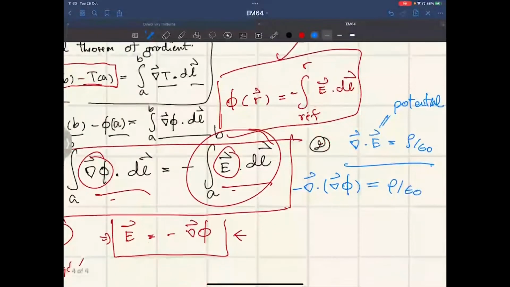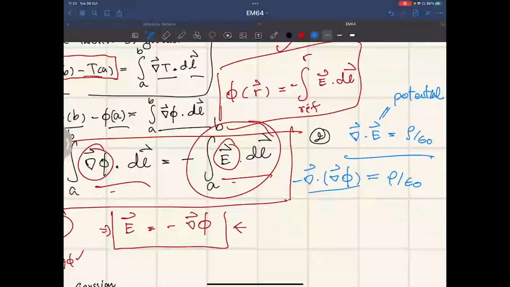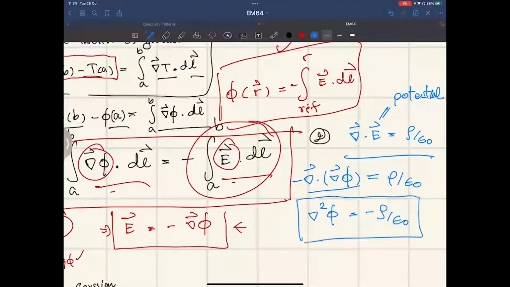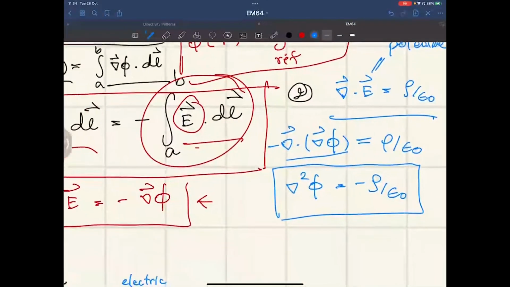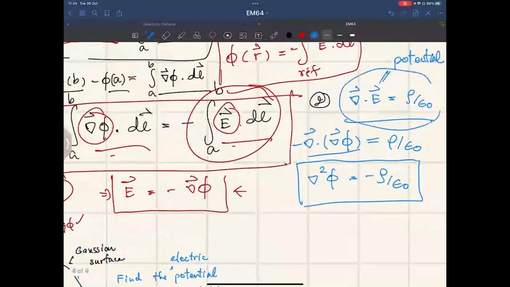All right. And we know what this thing here is. Is it easy? It's really easy. So now we can write this equation in terms of potential like this. This term here is called the Poisson equation.